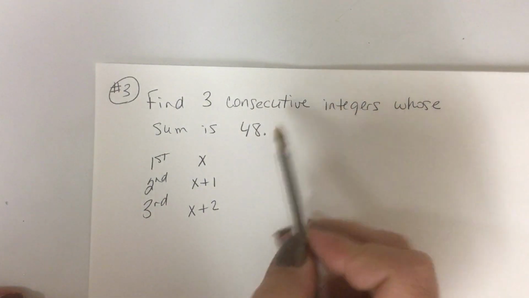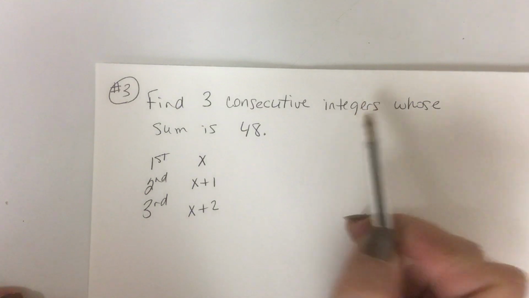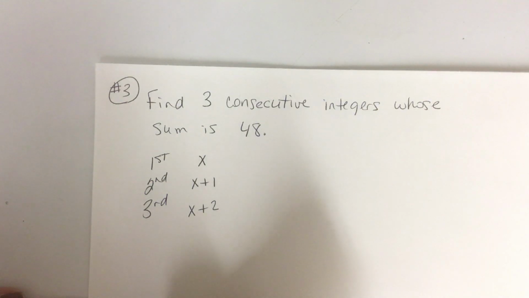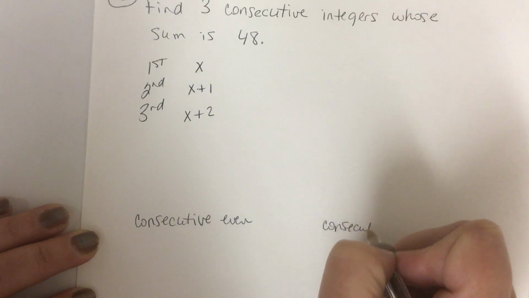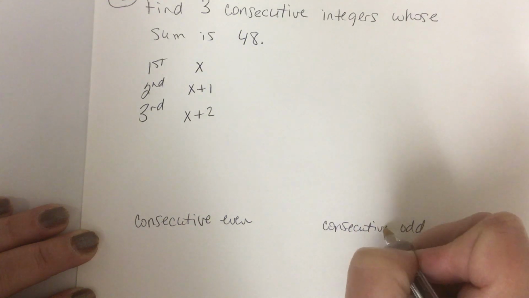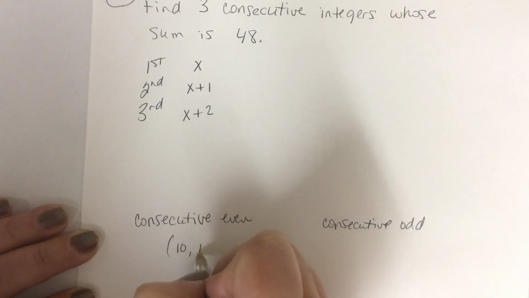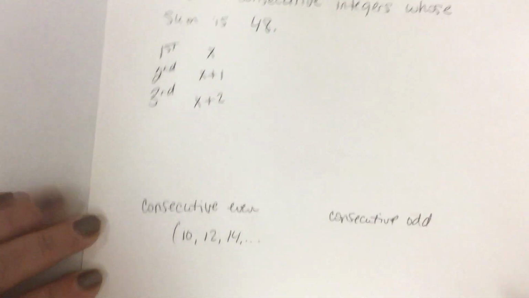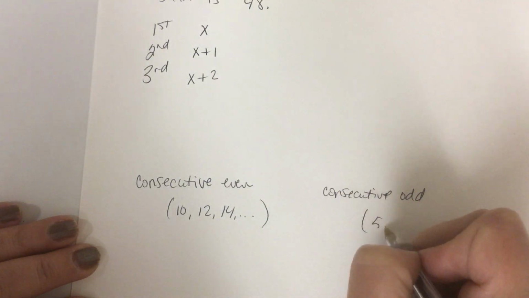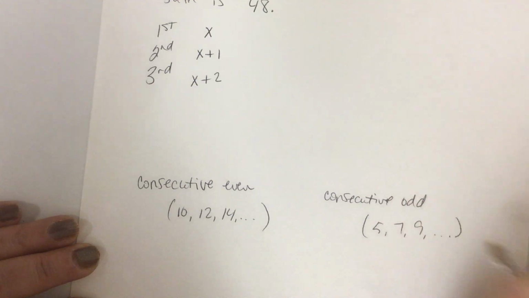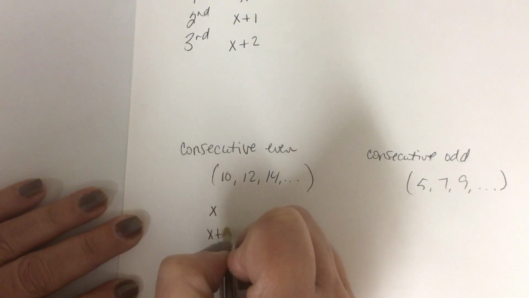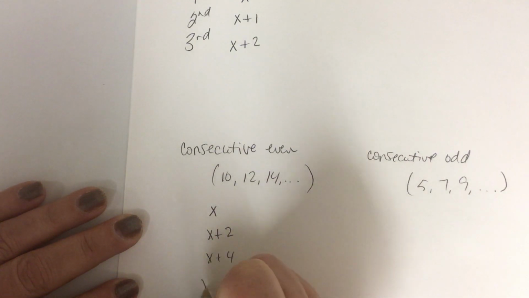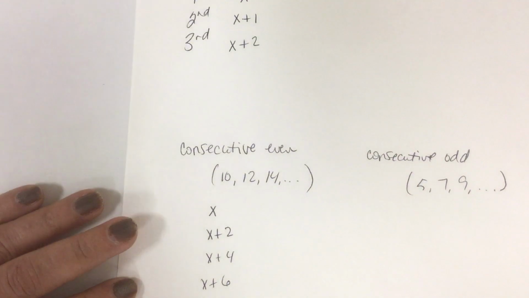Now, this problem talks about consecutive integers. There are problems that talk about consecutive even or consecutive odd. Consecutive even would be like 10, 12, 14, etc. Consecutive odd would be like 5, 7, 9, etc. So if the first one's x, the next one would be x plus 2, x plus 4, x plus 6, and so on.